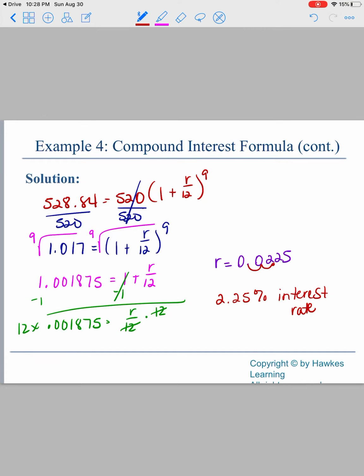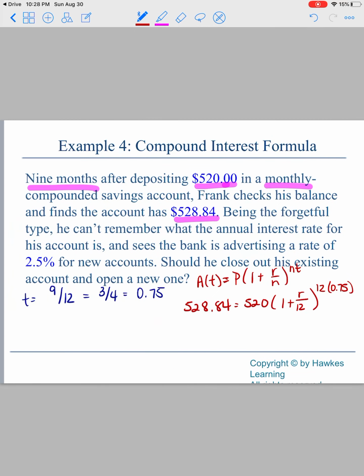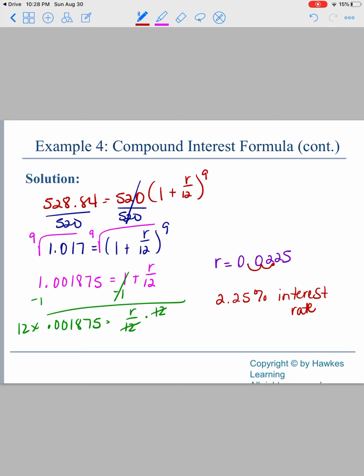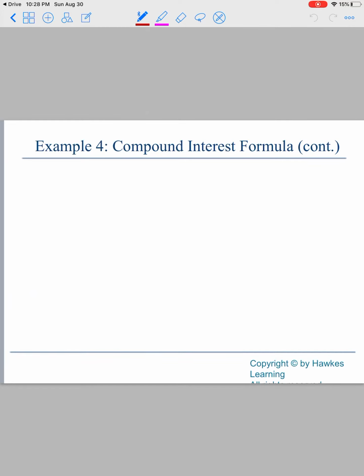Okay, but the question's actually asking me, let me go back to it. So we know our annual interest rate. He sees that a bank is advertising a rate of 2.5%. Should he close out his existing account and open a new one? So 2.5 compared to 2.25, then we need to say that the 2.5 is higher.